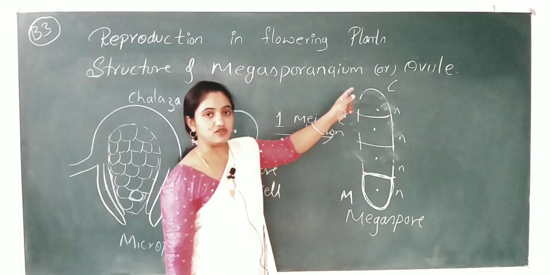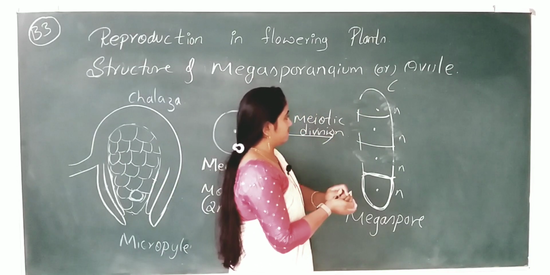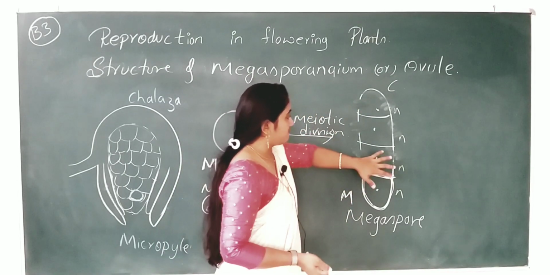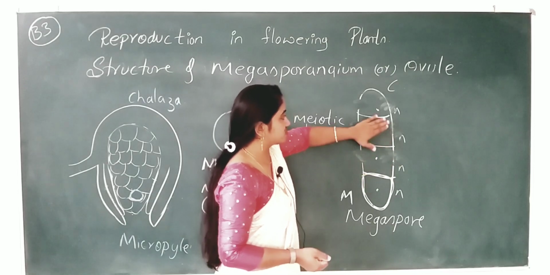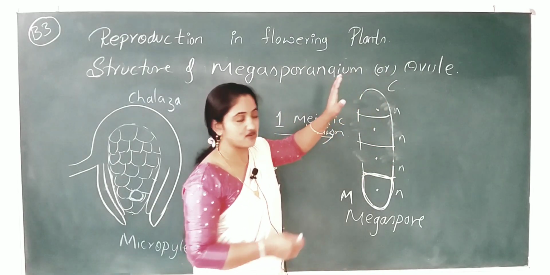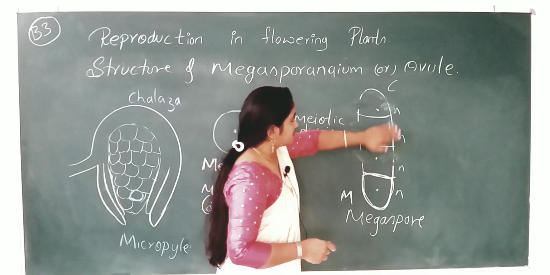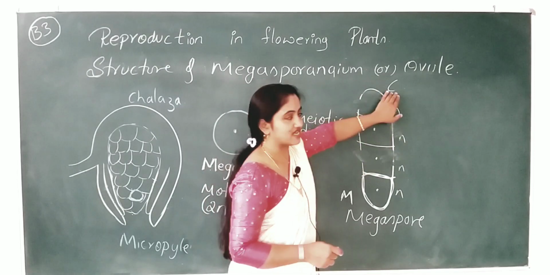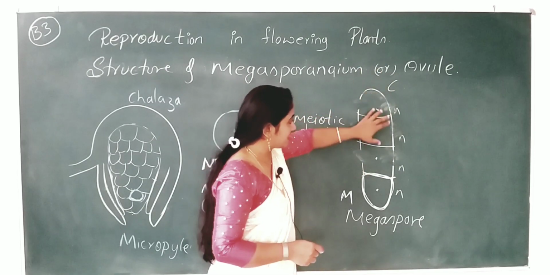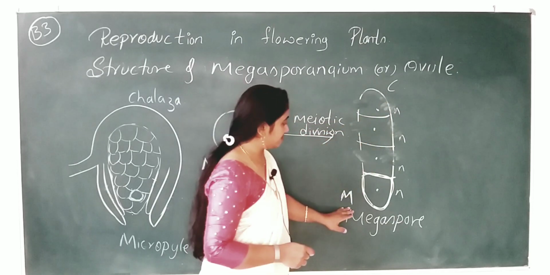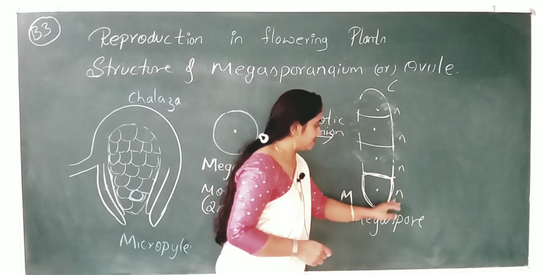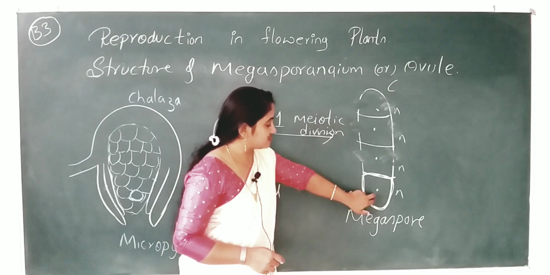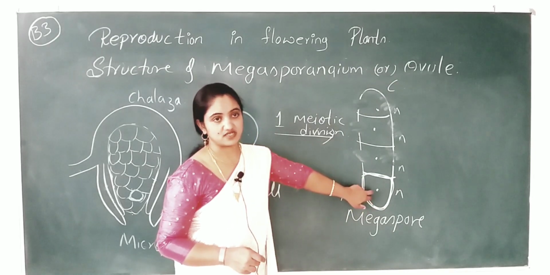Let me tell you one technique, one logic here. Which 3 cells disintegrate? To understand better, the cells nearer to the chalazal end are the ones that disintegrate. Only the micropylar end cell will remain as it is, and this cell is known as the functional cell.